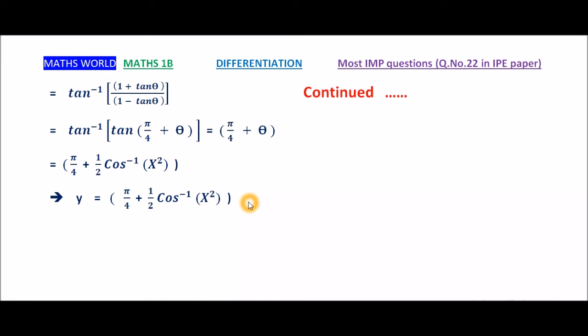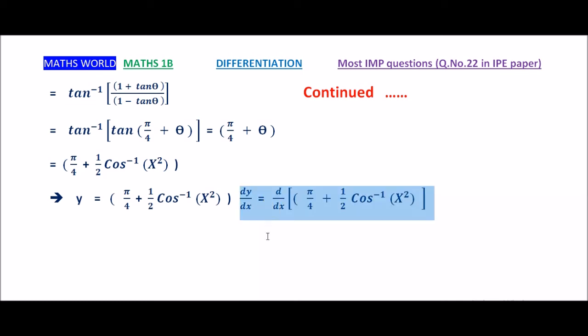Okay, now find derivative of y. That implies dy by dx is equal to d by dx of pi by 4 plus half cos inverse x square.